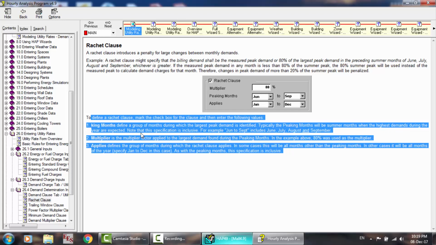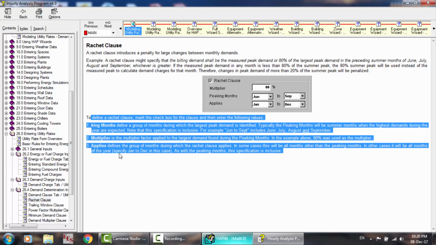Note that this specification is inclusive. So, for example, June to September includes June, July, August, and September. Okay, here, peaking months, not the king month. I'm sorry. So the multiplier is the factor applied to the largest demand found during the peaking months. In the example above, 80% was used as a multiplier.